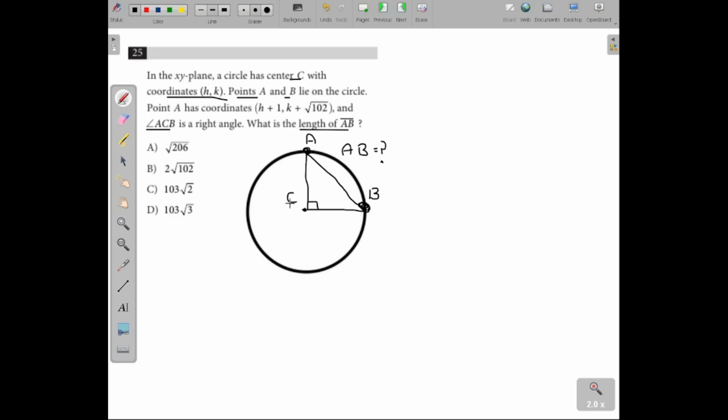And as we can see, the segment CA is equal to the segment CB. Why? Because both have the same value as the radius.